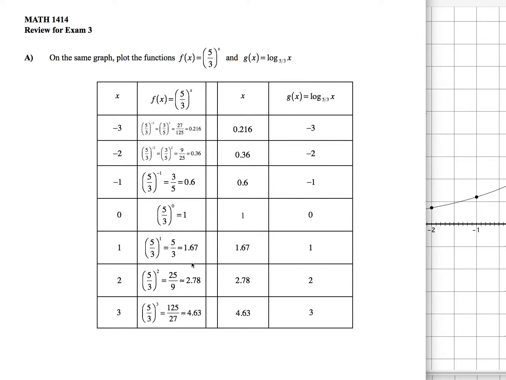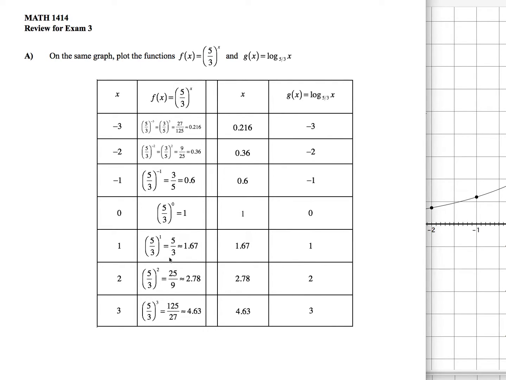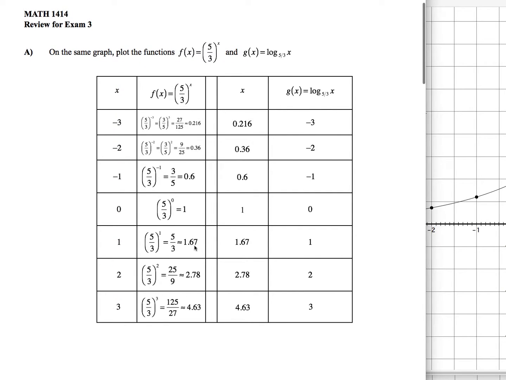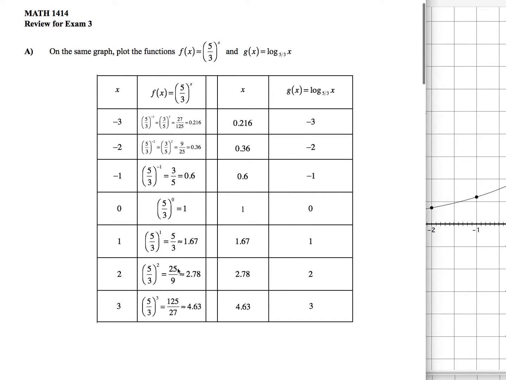Now these, on the other hand, are approximate values. 5/3 to the 0, of course, anything to the 0 is 1, but 5/3 to the first power is 1.6666, never terminating. 5/3 squared is 25 over 9, which as a decimal is 2.77 with the 7 never terminating.